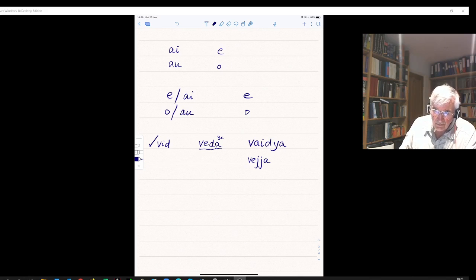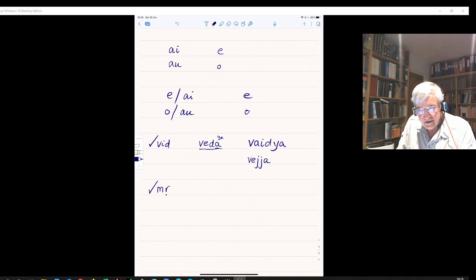To give you some other examples, let's look at the causative of roots in R. The root mri. Very often the causative, that's the one that ends in ayati in Sanskrit and eti in Pali, you will get the vriddhi of the vowel in the root.